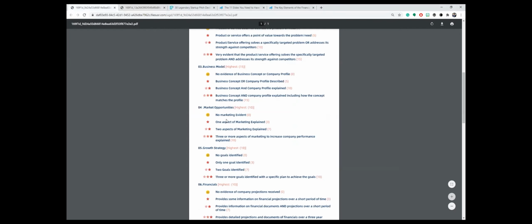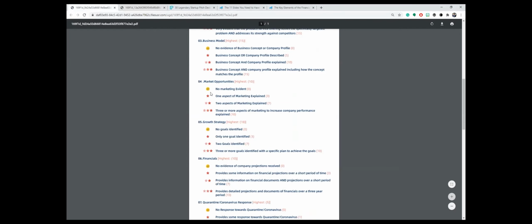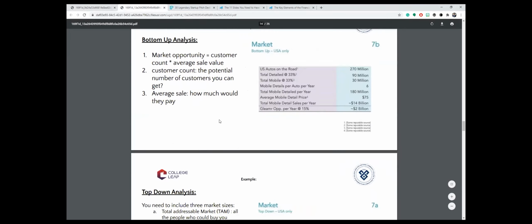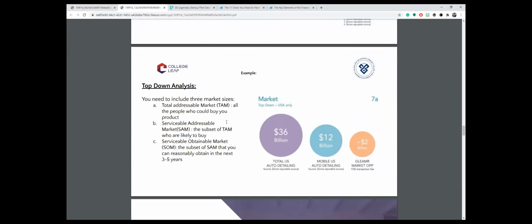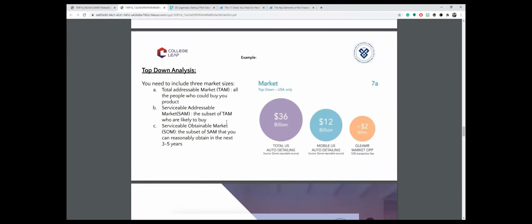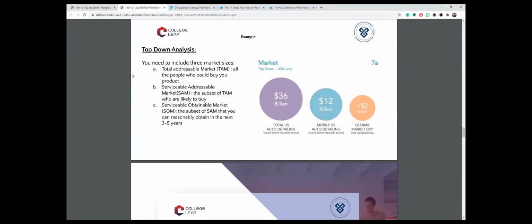For your marketing opportunities, make sure you list out 3 important aspects of marketing to increase the company performance. How exactly are you going to get people to see this? So here's an analysis of the 3 market sizes.